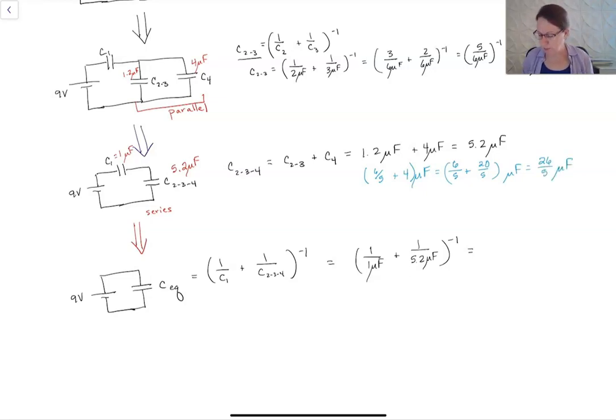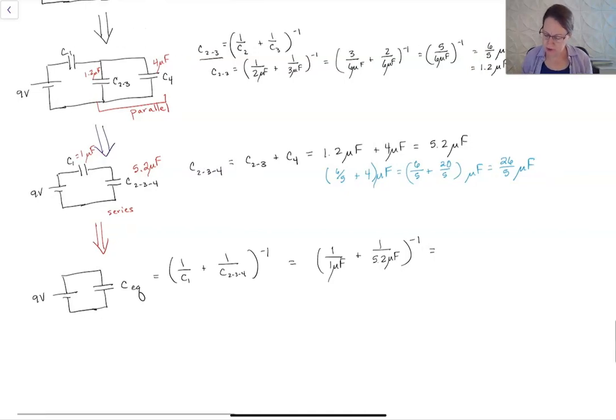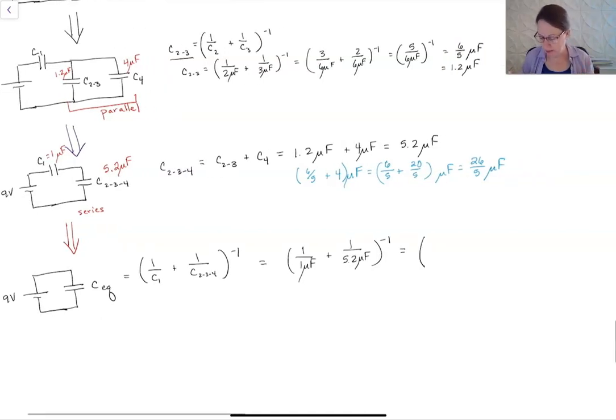I'm using this here just because we can get the number, but you can just use your calculator. So 1 microfarad, and this becomes 1 over 5.2, which is 26 over 5 microfarads, so it's now 5 over 26.